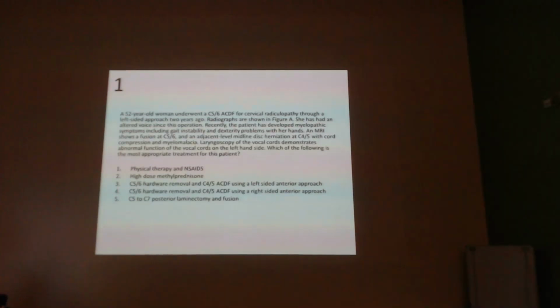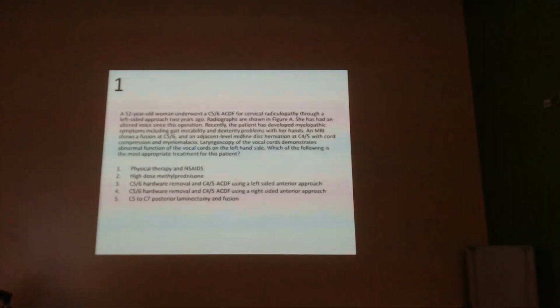You've gone on your left-sided approach, you have injured the recurrent laryngeal nerve, which is the risk of doing your ACDF from a left-sided approach. So just go for any answer, and I would say I would do 4.